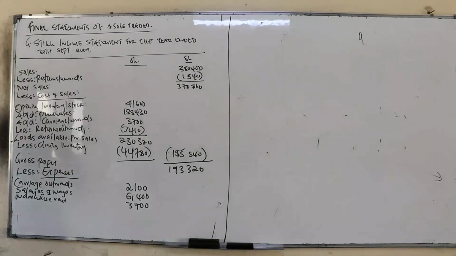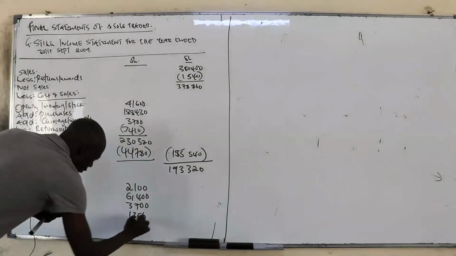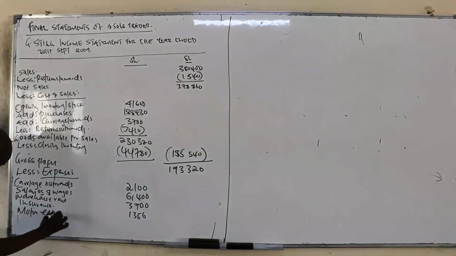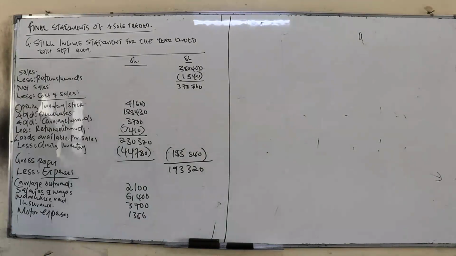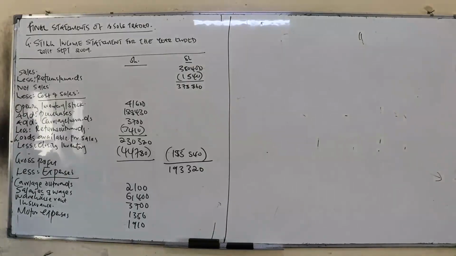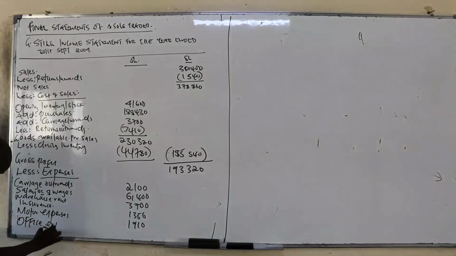Then we have insurance. Insurance is 13,56. Then we have motor expenses. Motor expenses, how much is it? 1,910. Then we have office expenses.